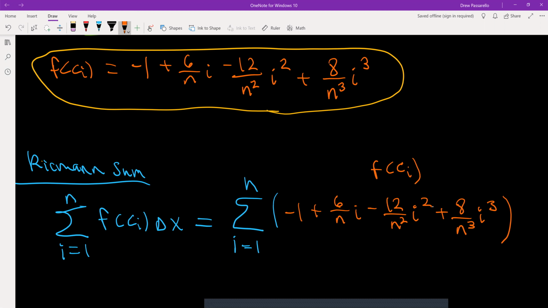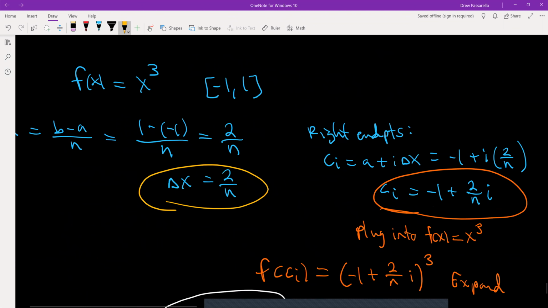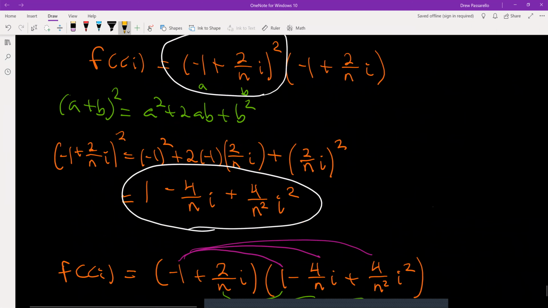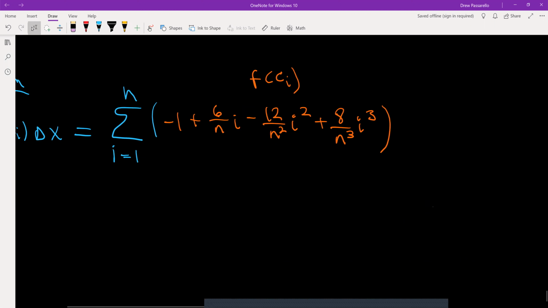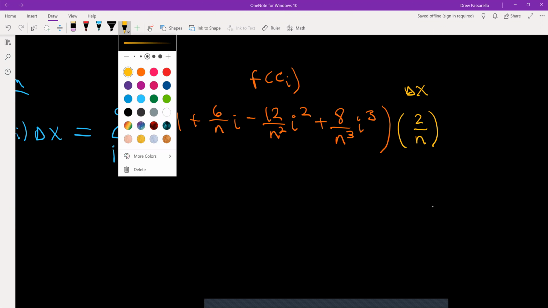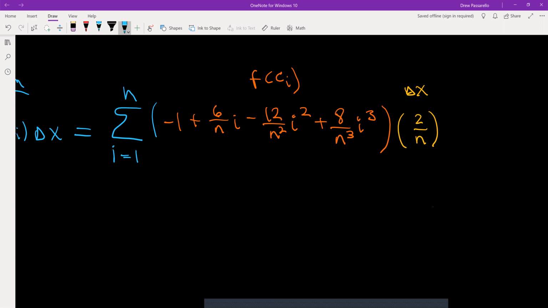And then times delta x. Delta x, I believe, was 2/n. Yeah. All right, so we have this beast that we need to find the sum of. Since everything's being multiplied by 2/n, I'm going to go ahead and factor the 2/n in front of the summation.